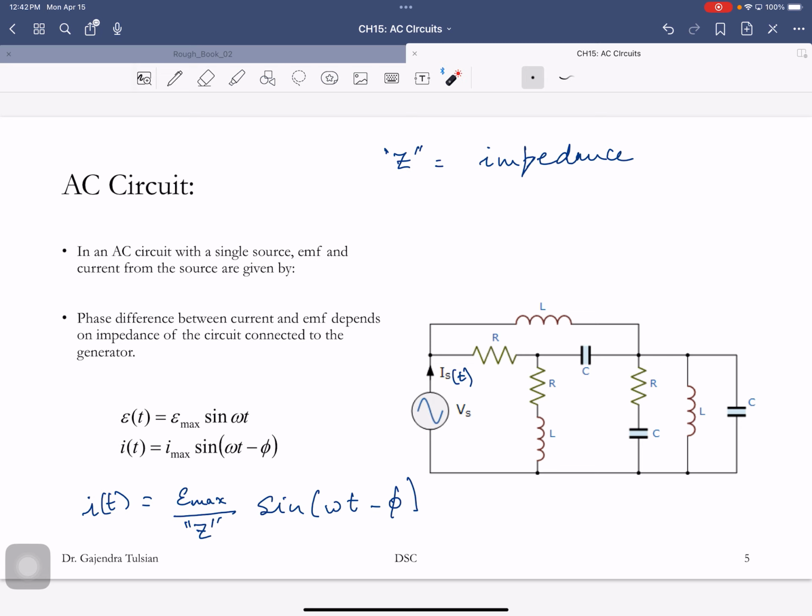So there are two things that we are interested in an AC circuit: what is the impedance of the circuit, and what is the phase factor? In the rest of the chapter, those are the two things we'll be interested in. Now this phase factor is between pi by 2 and minus pi by 2.